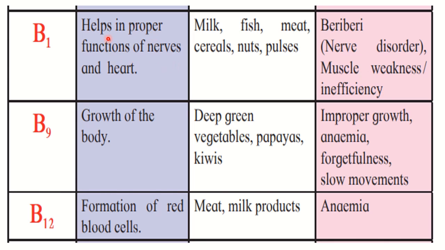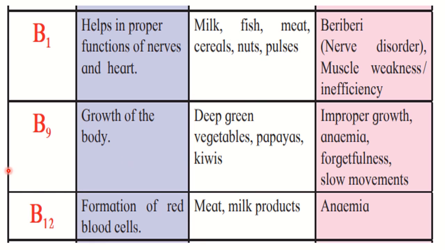Because it helps in the functioning of nerves and heart, if the functioning of nerves is not good, you are going to get these diseases. So you should understand the importance of B1 and include all these sources in your diet.